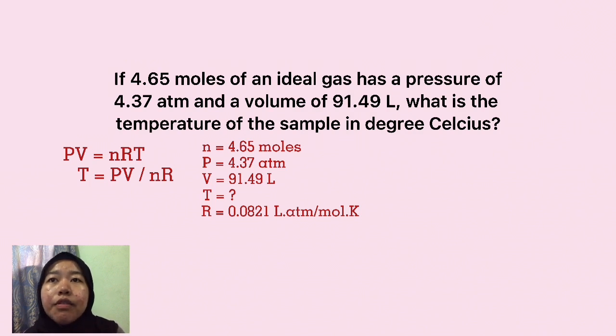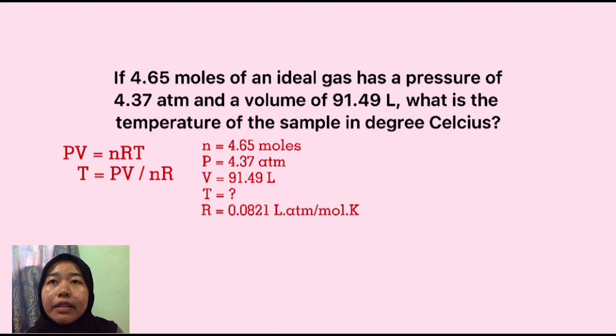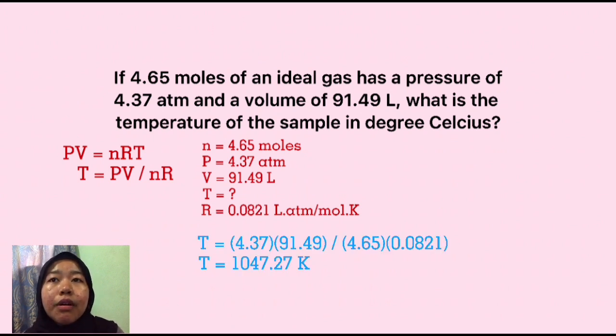n equals 4.65 moles, P is 4.37 atmospheres, V is 91.49 liters, T is the unknown we're going to find, R is 0.0821 liter atm per mole K. Then we substitute all the values given into the formula and we will get the answer 1047.27 Kelvin.